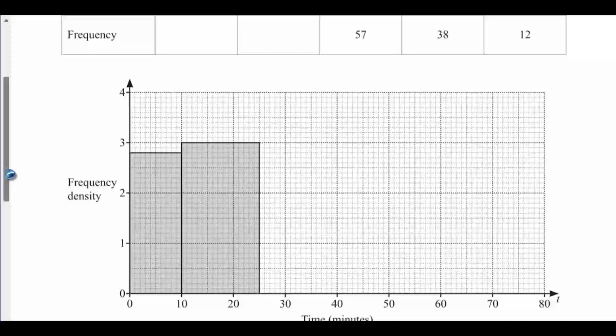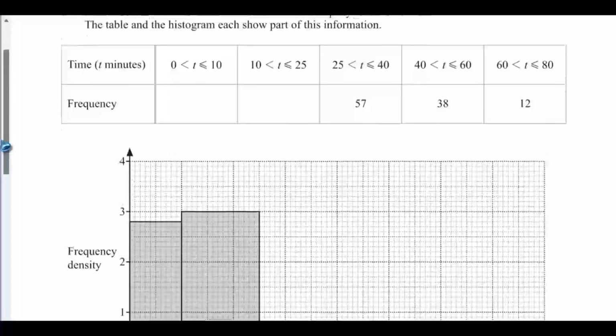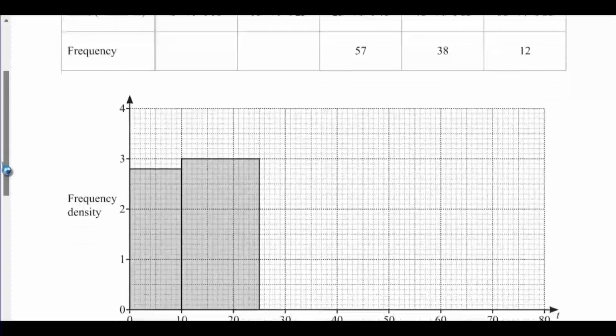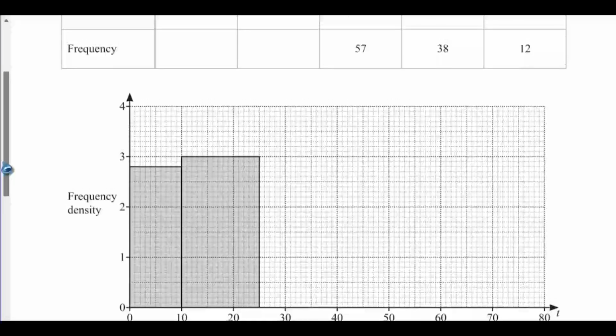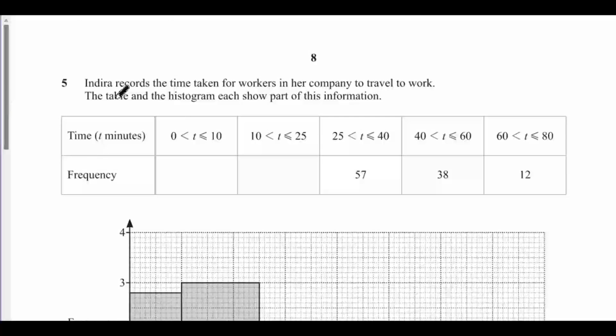So from the histogram, for the first class interval between 0 and 10, the frequency density is 2.8. So we can use that to get the frequency here. So we know that frequency density FD equals frequency F over C. So we have 2.8 equals the frequency over the class size.